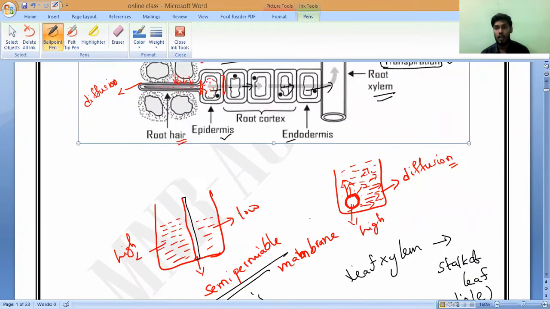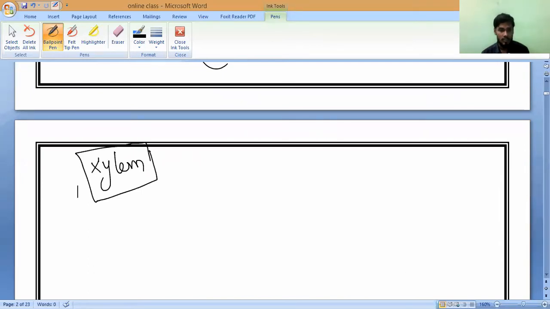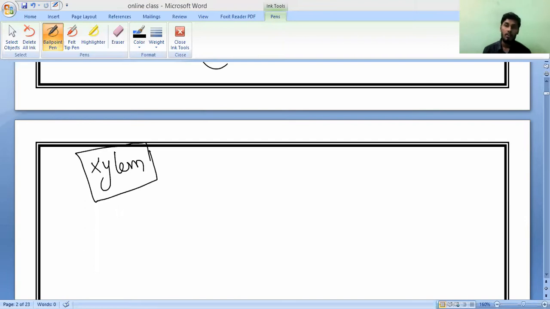This transport of water and minerals in a plant happens with the help of xylem. Yesterday I taught you that in non-flowering plants, water is transported by xylem vessels and tracheids. Tracheids are the water-conducting tissues in non-flowering plants.